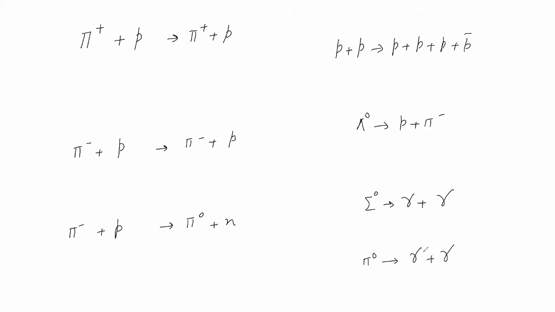Now, yesterday what I told you is that if you have a triplet of particles, you assign isotopic spin 1. If you have a doublet of particles, you assign isotopic spin half. If you have a singlet, then you assign isotopic spin 0. Quartet, you assign isotopic spin 3 by 2.